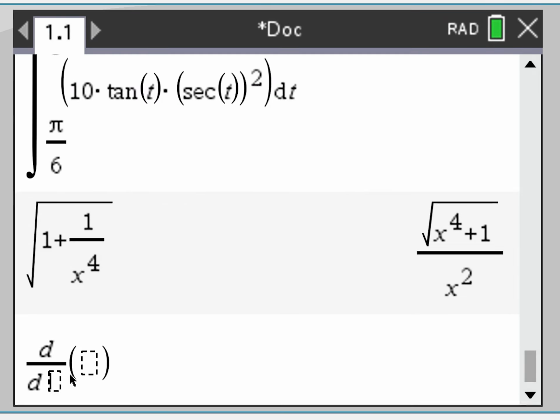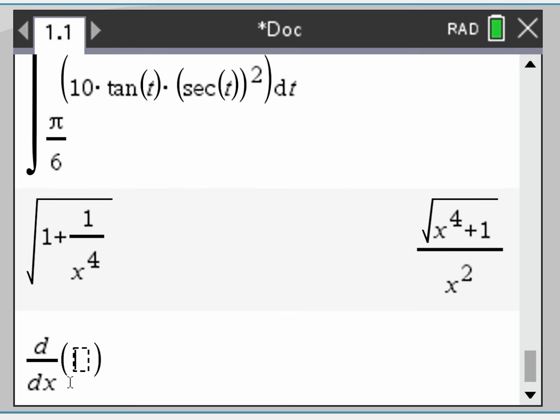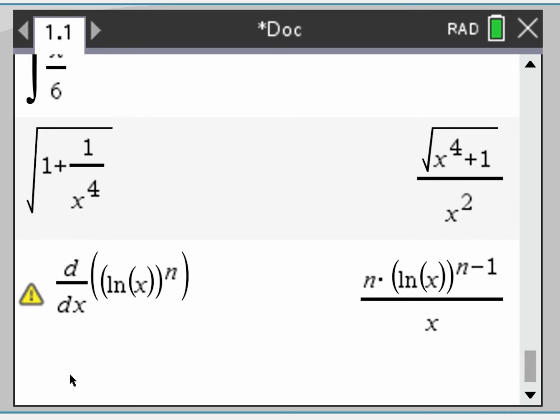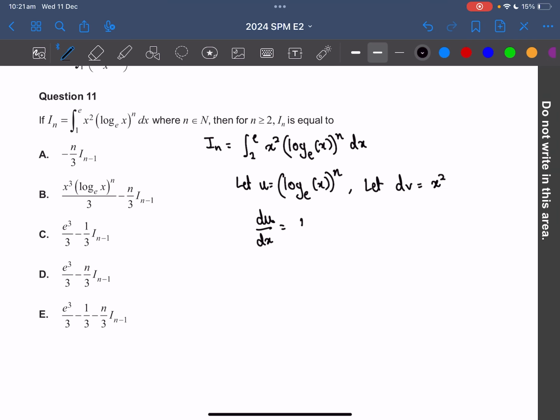So we get n on x times (log base e x) to the power of n minus 1. And our v is equal to, we just integrate this, so we get x cubed on 3.